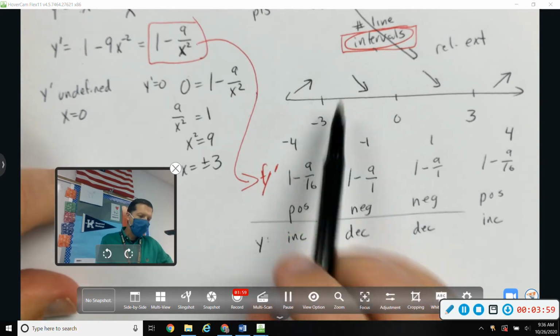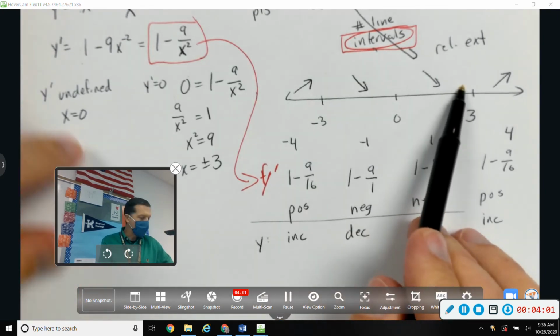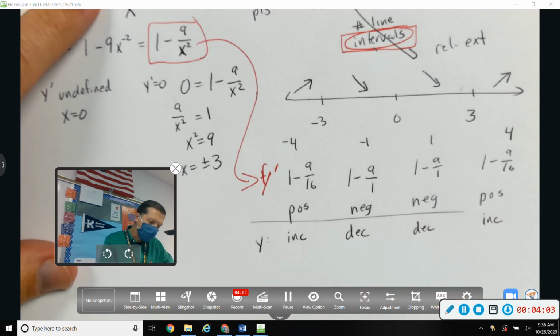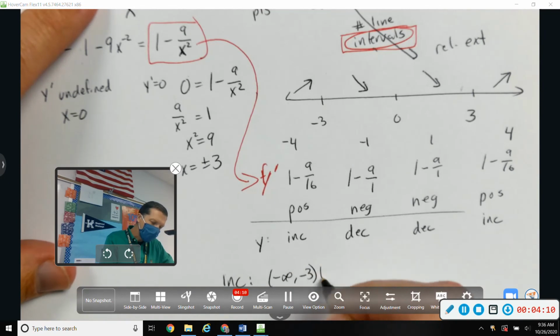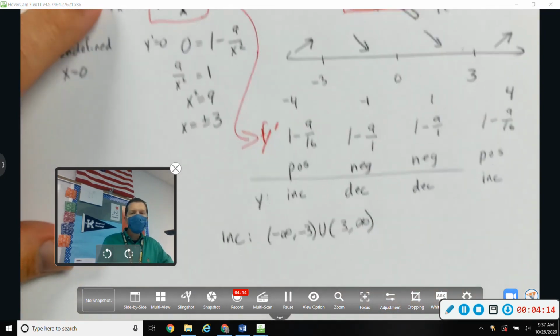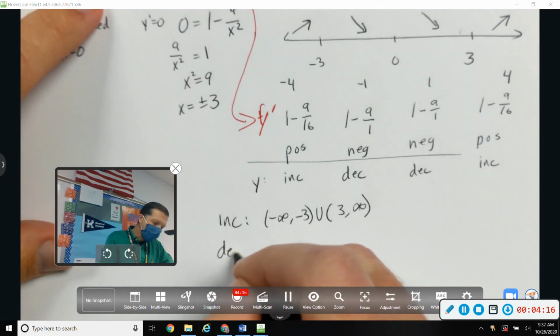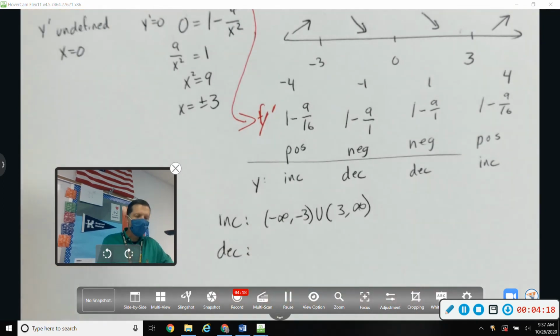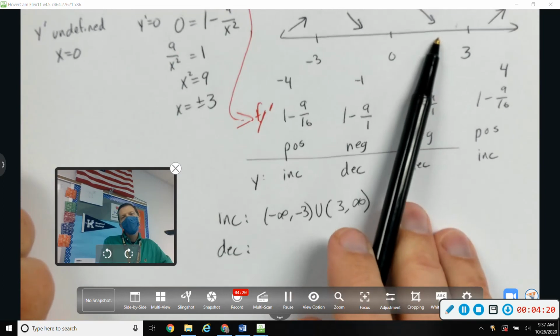So I think I found a max and a min, although that's not what the problem asked for. It just wanted increasing and decreasing intervals. So it increases from negative infinity up to negative 3, and then 3 to infinity. And it decreases. You need to be real careful here.